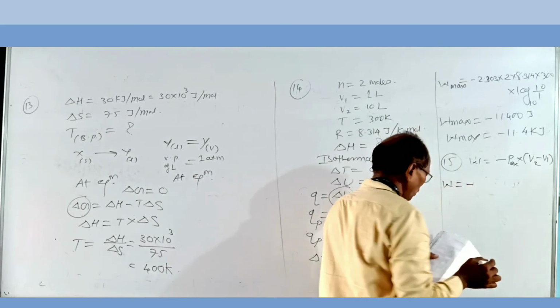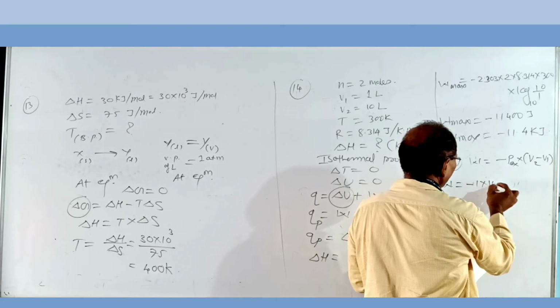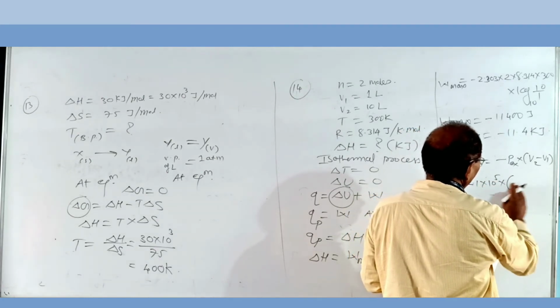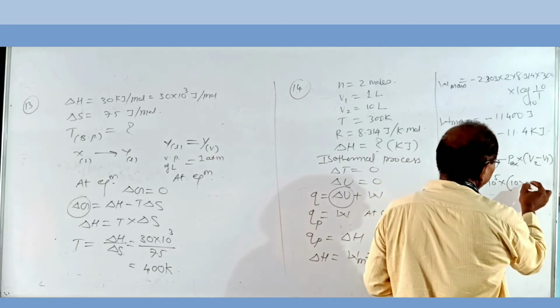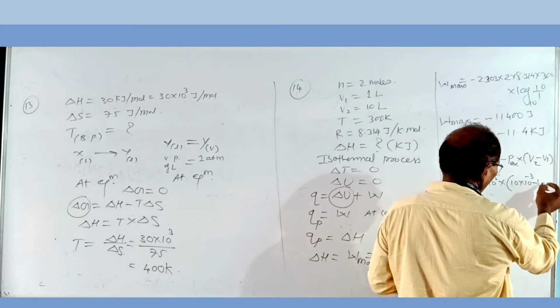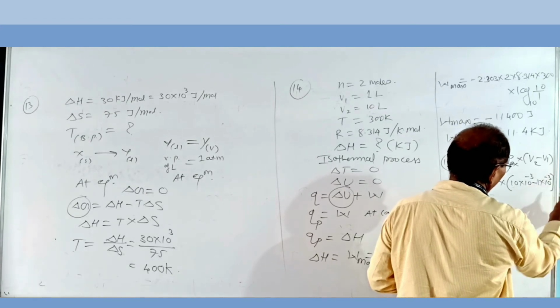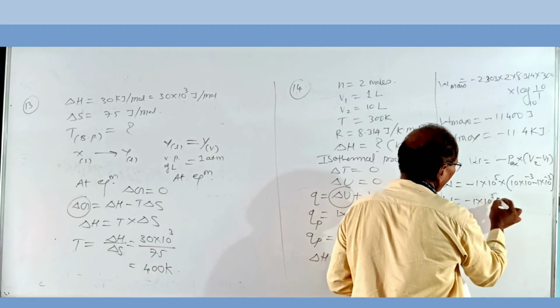W is equal to minus P external, 1 into 10 to the power 5, into V2, 1 into 10 to the power minus 2, that is 10 into 10 to the power minus 3, and minus 1 into 10 to the power minus 3. W is equal to minus 1 into 10 to the power 5.